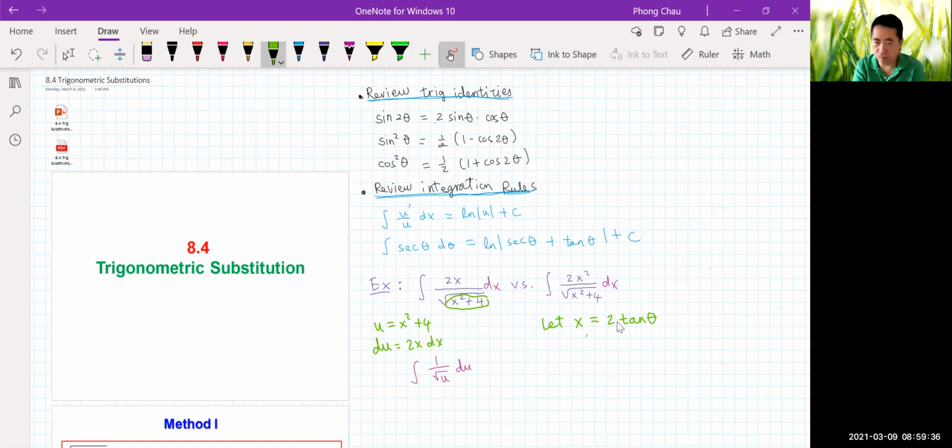You wonder why we have that. Let me show you why it works first, and then explain why we choose 2 tangent theta. What we want is to turn the x into a trig function, 2 tangent. Look at what's inside now. The bottom is the square root of x squared plus 4; just work on the bottom only.